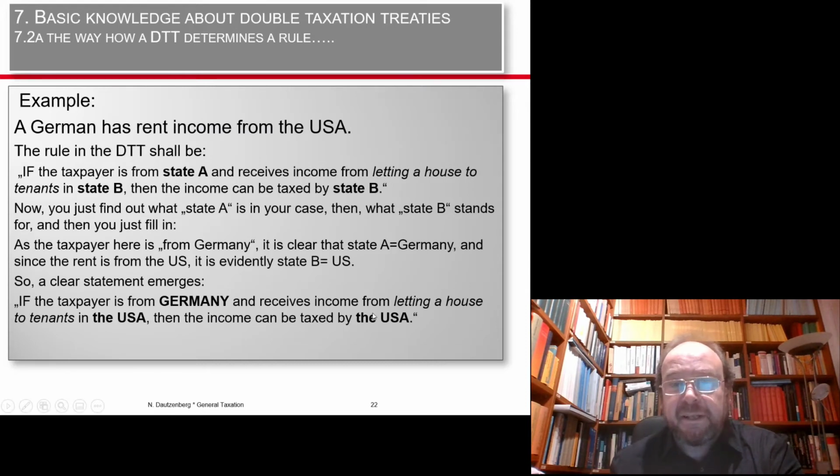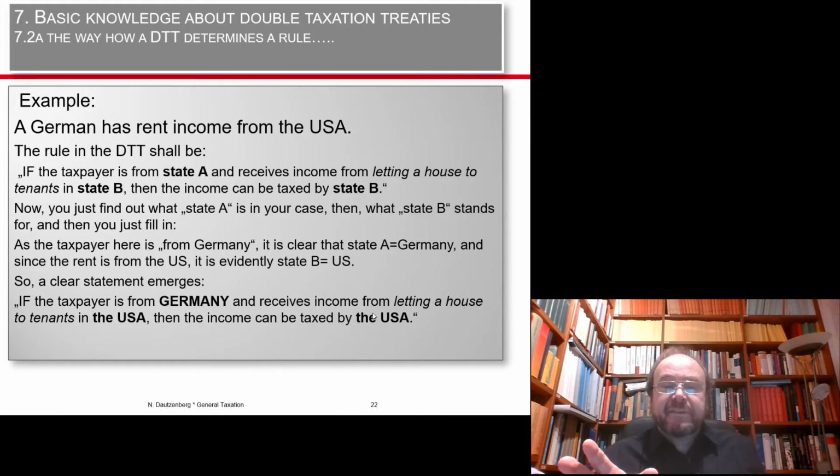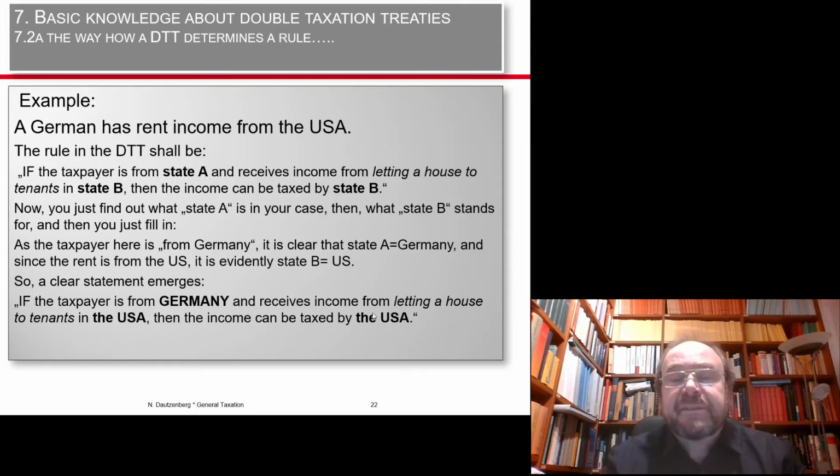So best is to explain that with an example. A German has rent income from the US. And now imagine the rule in the double taxation treaty should be if the taxpayer is from state A and receives income from letting a house to tenants in state B, then the income can be taxed by state B. Now this is a bit chaotic, so we must now find out, like in the mathematical formula, what A is in our case.